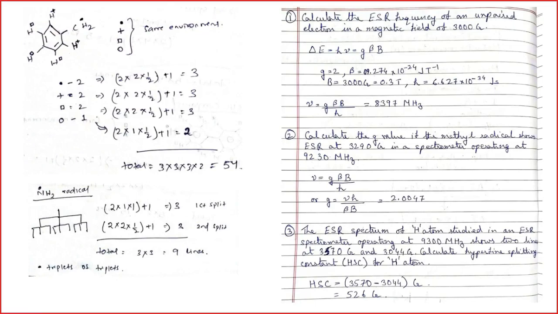Then you have this molecule. Over here the radical is at, say, here. From here you would initially get 3 splittings. Then you have these hydrogens, which would give you 3 splittings.